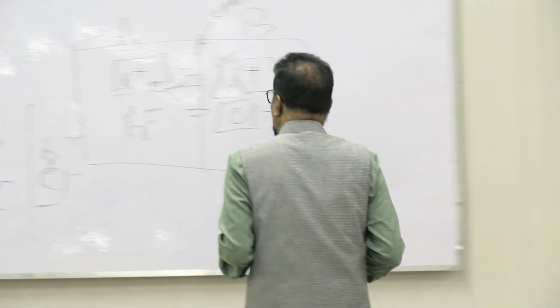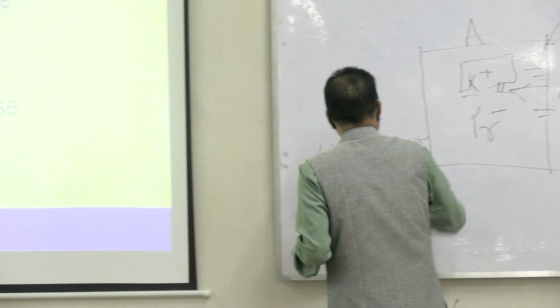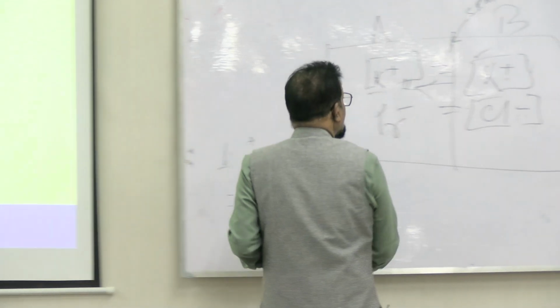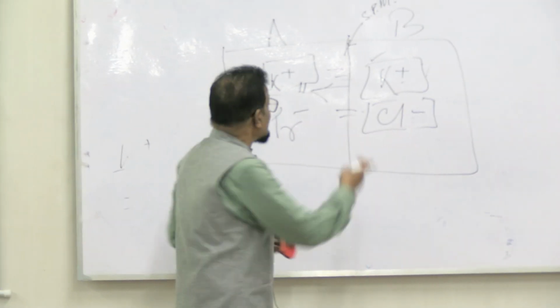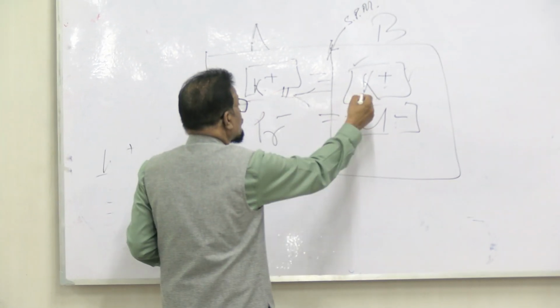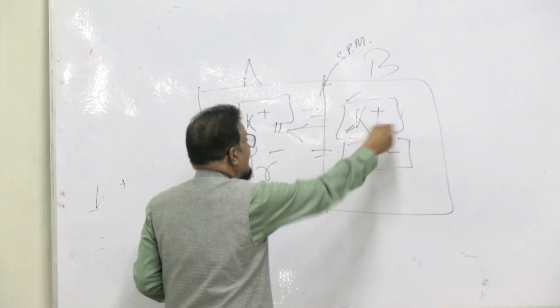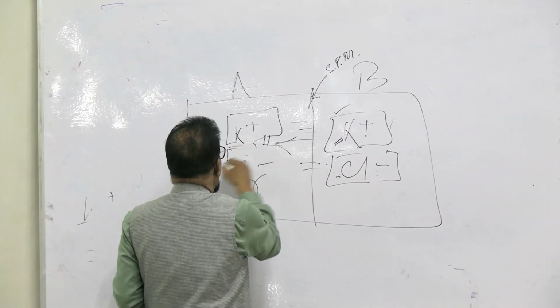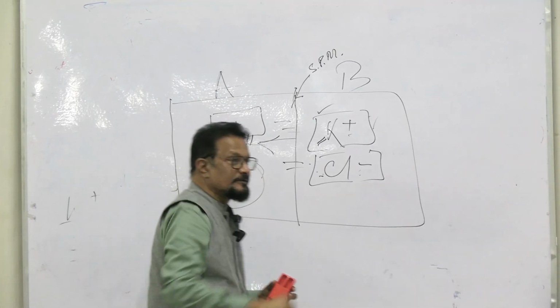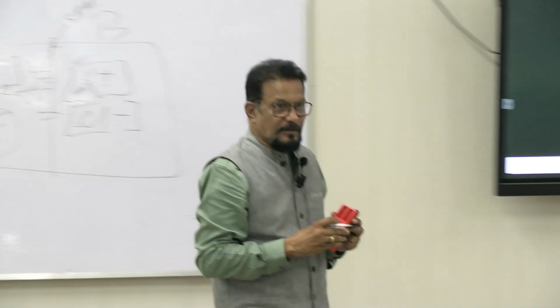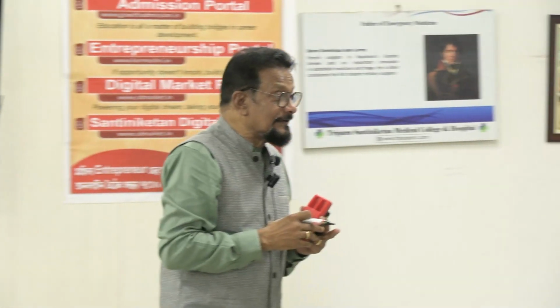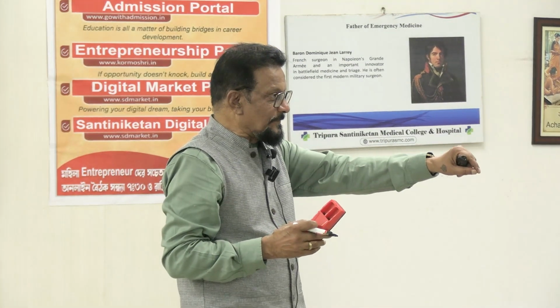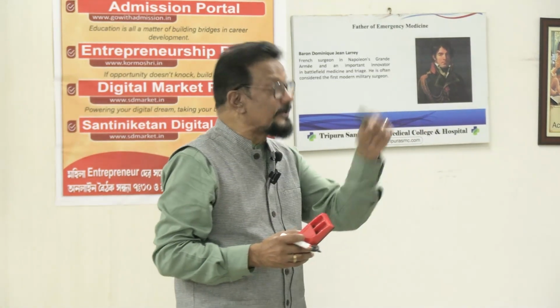But here neither the product nor the ratio is equal. Since these are coming, its amount will be less here, but its amount here will rise because of the presence of this. There will be unequal distribution of ions now, only because of the presence of protein, which is non-diffusible.